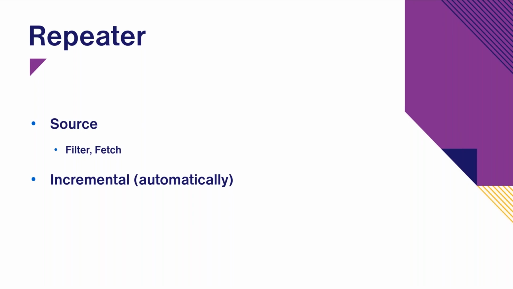And this repeater is specific in the way that if there is more than one record that follows the filter of the source, it will automatically increment and place on the report all the records that follow that filter. So not only one record, but all that are available. For example, associated records to a record that you are on the report directly.